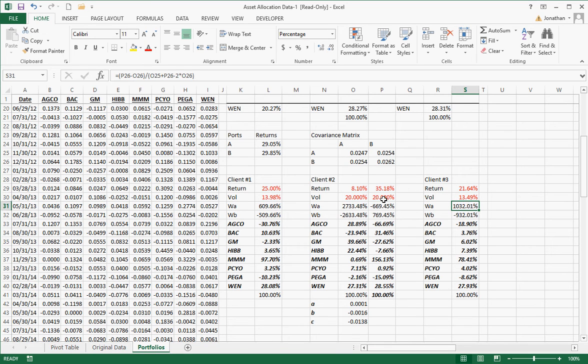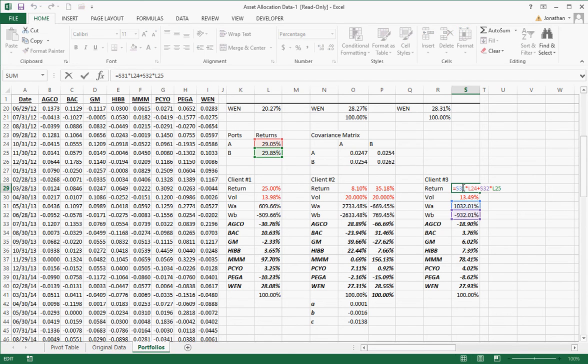So the equation for minimum variance portfolio is the weight of A is going to be the variance of B minus the covariance of A and B, divided by the variance of A plus the variance of B minus 2 times covariance of A and B. So that's just a formula that's given, and then the return is going to be the weights times the returns, and the volatility is going to be the square root of the weights squared, the same volatility formula that you've had before.